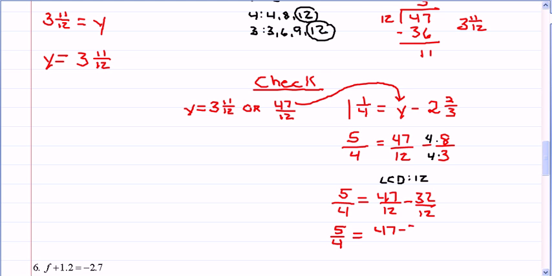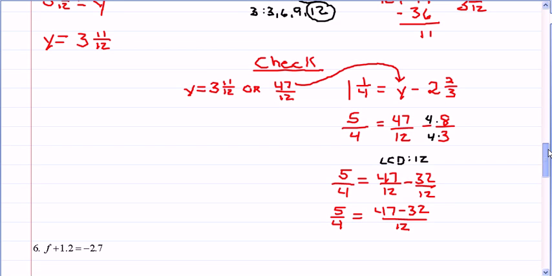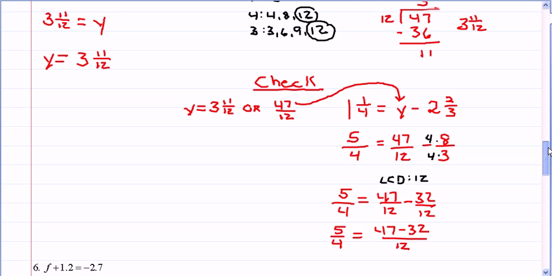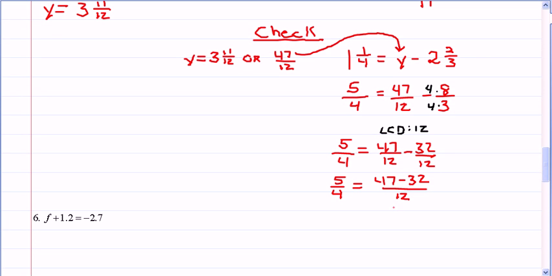So 47 minus 32 over 12 is equal to 15/12.